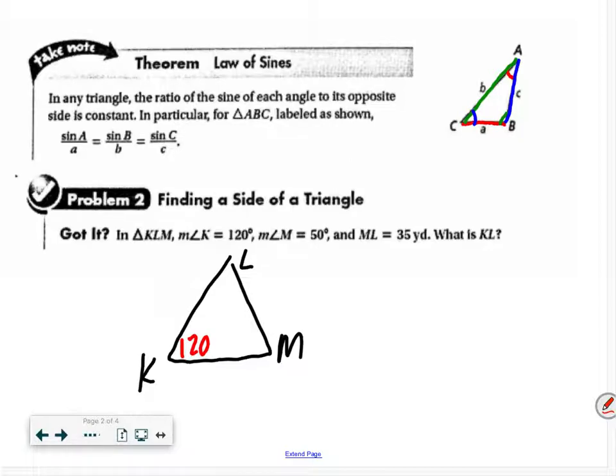Angle M is 50. And then side ML is 35 yards. Good with the setup? Oh, and then I need to find KL, sorry. This is what I'm looking for, KL.